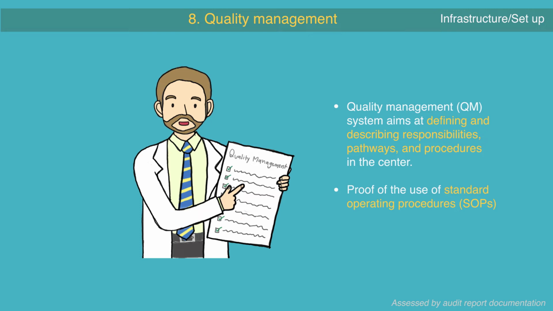These could be SOPs for diagnostic procedures, for referral to other specialists, for inclusion of patients into clinical trials, for assessing disease activity, impact and control, or others. Centres need to show that they have well-described procedures in place and that they have and work with these SOPs.